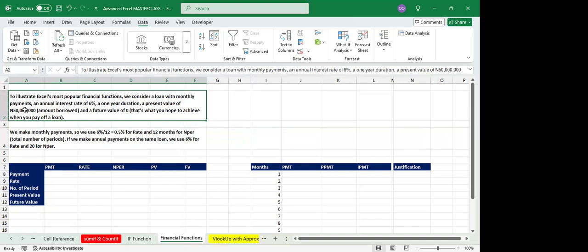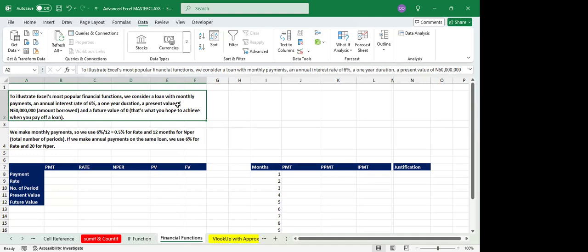Now, while taking that loan, you would have agreed that this loan is at the rate of 6%, or 15%, or 10%, and you have agreed. So that interest rate is what we mean by rates. That principal, which is the actual amount that you borrow, is called the present value.